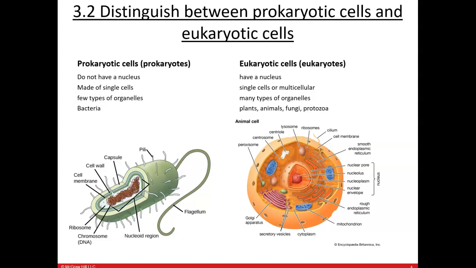A virus doesn't have cellular structure. So we do not consider viruses as living. So they are neither prokaryotic nor eukaryotic. We think they're more like really simple forms of life or kind of complex chemicals. So we're not talking about those here. All the living organisms are either made of eukaryotic cells or prokaryotic cells.